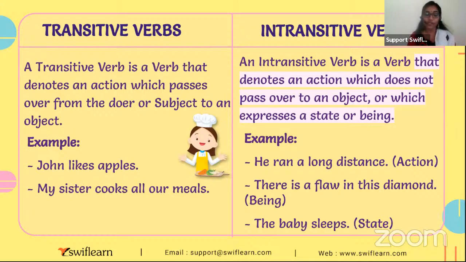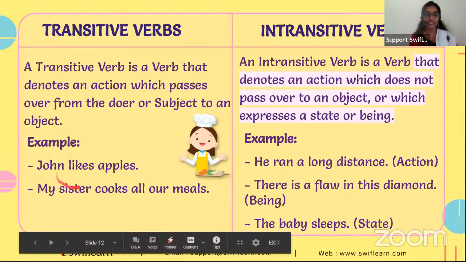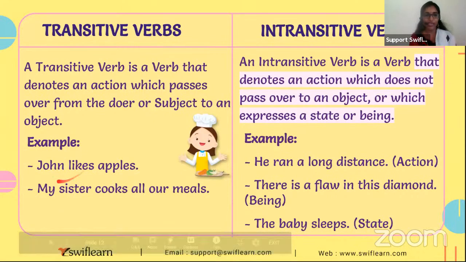Let's see an example to make this very clear. John likes apples. Here the action is likes. It is passing from the subject John to the object apples, and that's why we call this a transitive verb.